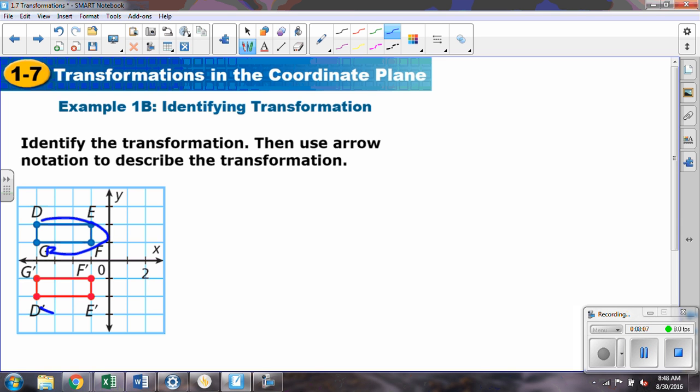D, E, F, G. That's counterclockwise. The order of the points has changed. Its direction, anyway. That tells us it has to be a reflection. The only way you can switch around the order of the points is with a reflection.